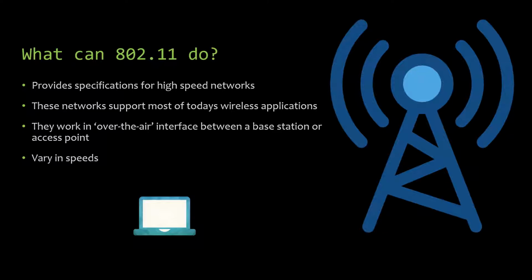Obviously, this is an over-the-air interface, so we can't see how this transfer is occurring. There are no wires between the devices. And we did touch on previously the fact that it may vary in speed too. Now, speeds between devices are also subject to external factors, and that might be in the environment that you live in or a building that you reside in.